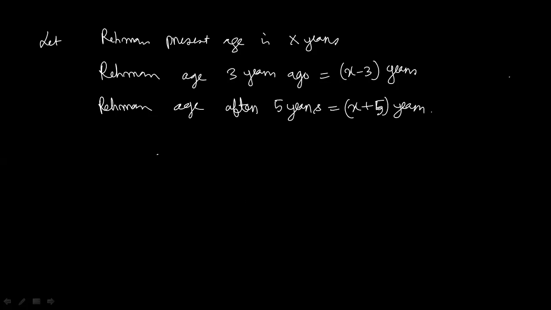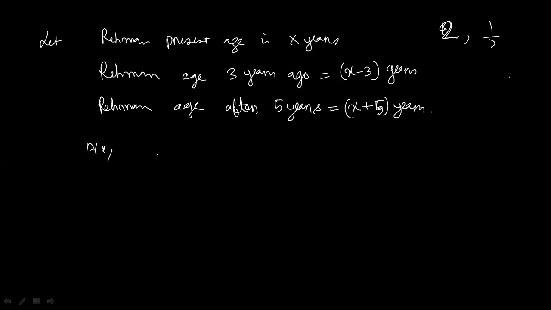Now see, according to the question, the sum of the reciprocals of Rehman's age 3 years ago and 5 years from now is 1/3. Reciprocal means what? What is the reciprocal of 2? 1/2. Yes.